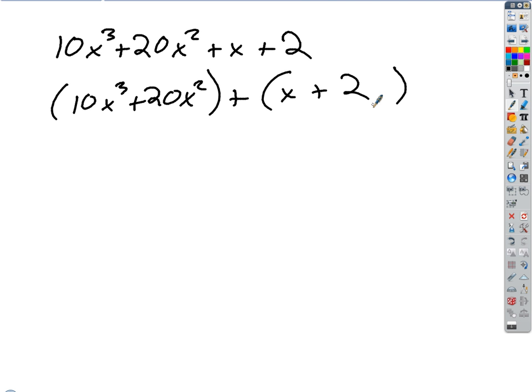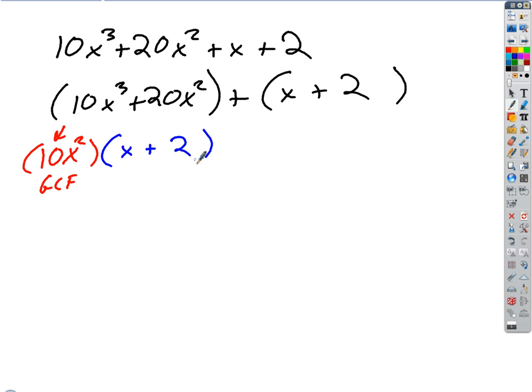How did we factor by grouping? We've done this a bunch. What did we do to this first group? Factor out 10x squared. We factor out the greatest common factor, which is 10x squared, leaving us with what? x plus 2.